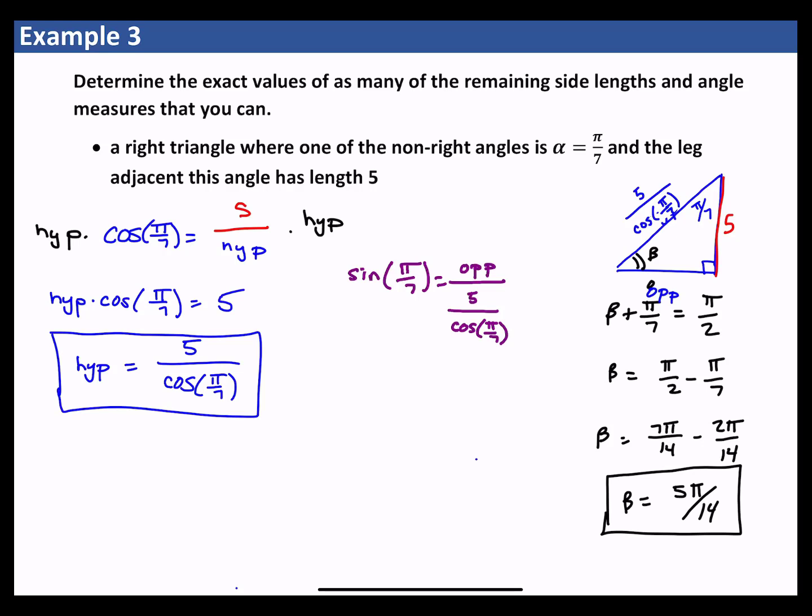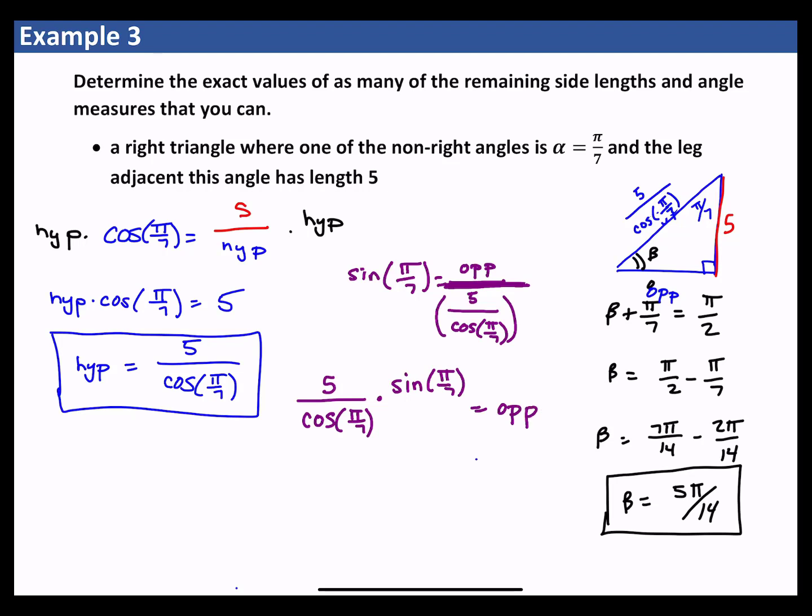So notice right now we are dividing by the hypotenuse. If we want to get the opposite side alone, instead of dividing by the hypotenuse, we're going to multiply both sides by the hypotenuse. So we actually are going to end up with 5 over the cosine of pi over 7 times the sine of pi over 7, and that will give us the opposite side.